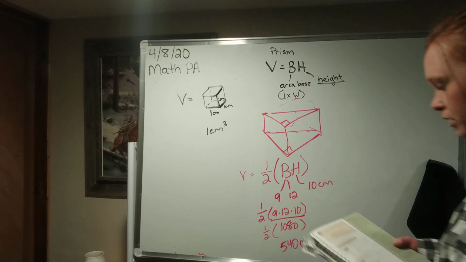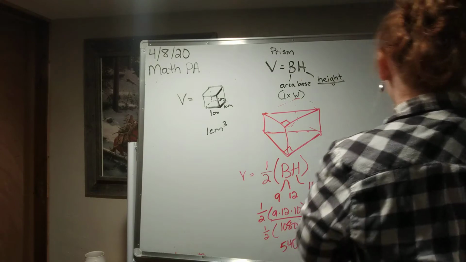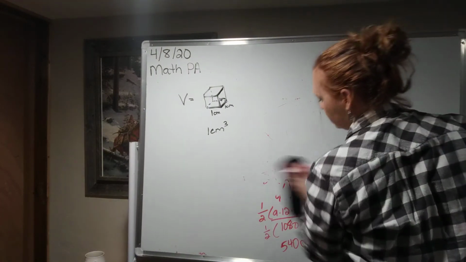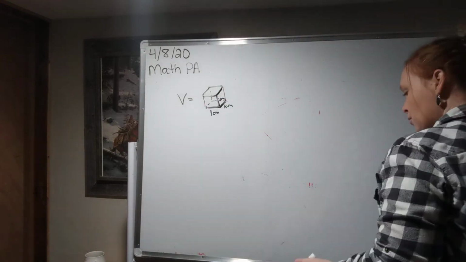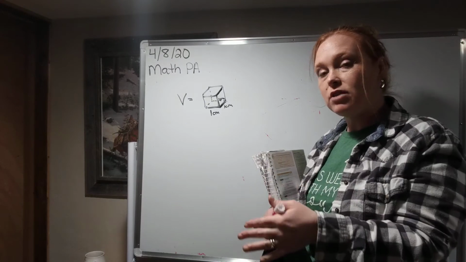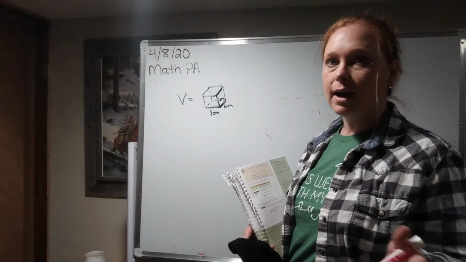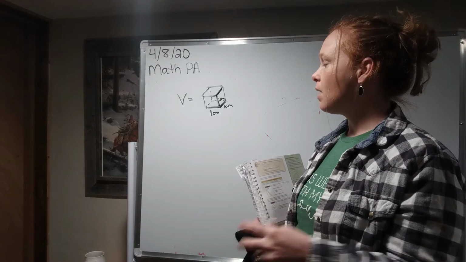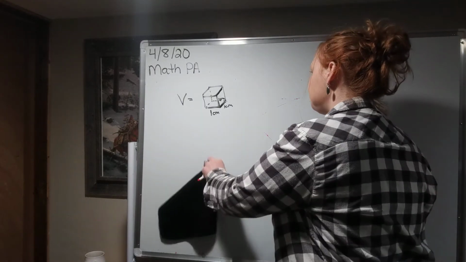All right. So now let's move on to find the volume of a circular cylinder. Okay. Now we're still using cubes, but some of those cubes are going to have to be shaved off, and they're going to have to be calculated with pi, because there's some circles involved in there, right? And so it's not as easy to fill up a cylinder with cubes, but it can be done.